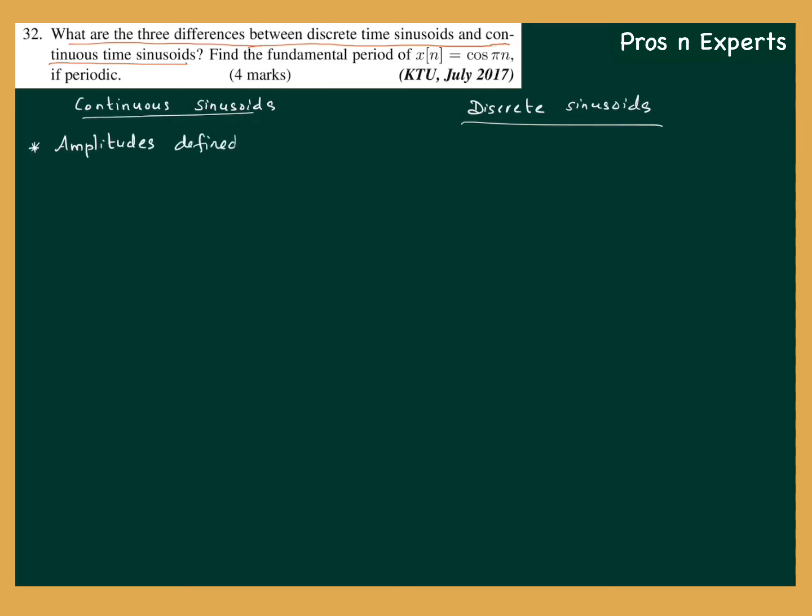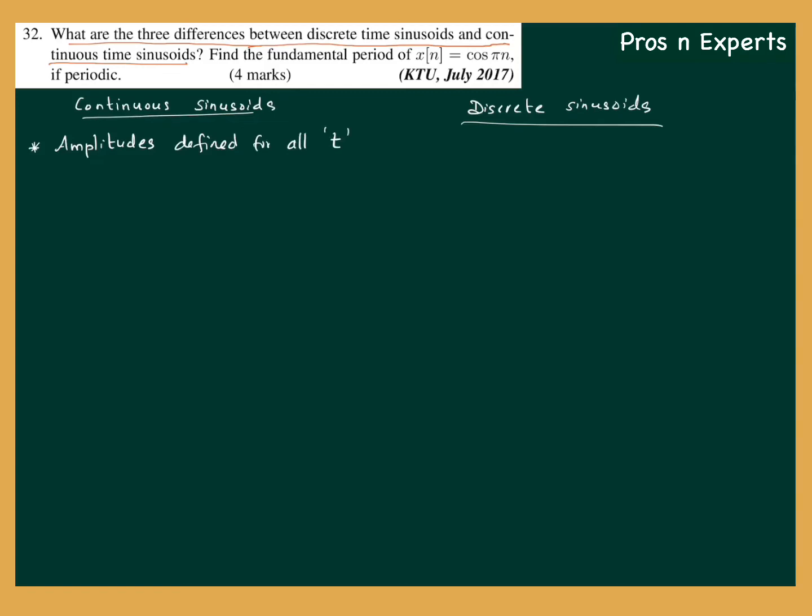So let's start with the differences. I can write continuous time sinusoids here and discrete time sinusoids here. The first point I would like to note: in continuous time sinusoids, the amplitude is defined for all values of time.